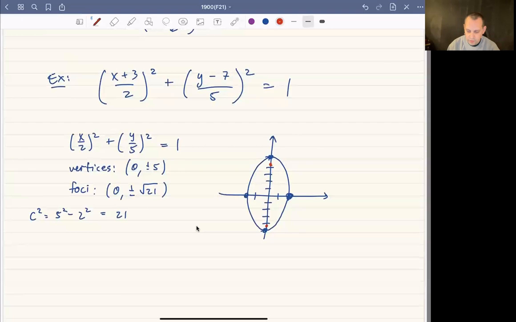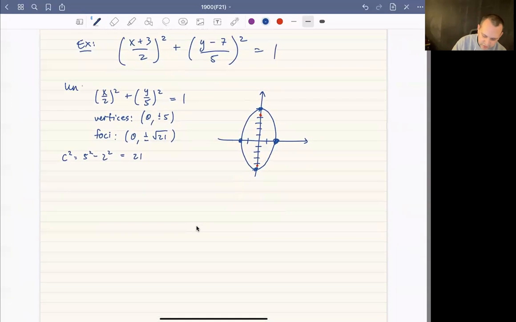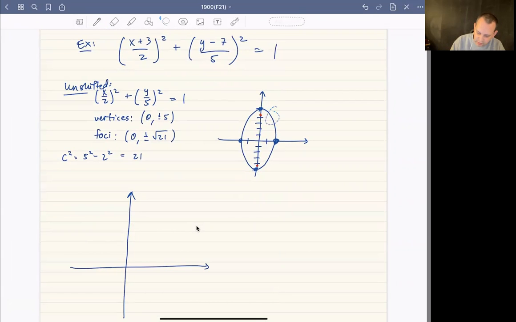So what is this shifted conic going to look like? First of all, this is unshifted. The shifted conic is basically the same graph, except we move everything 3 units to the left and 7 units up.